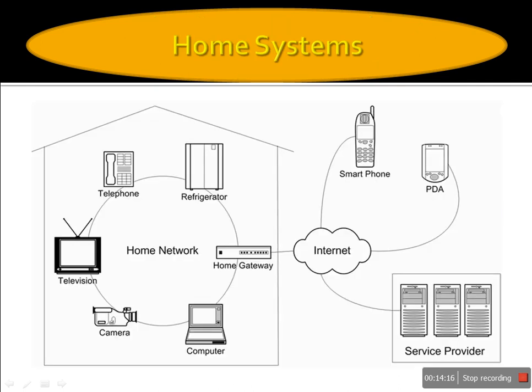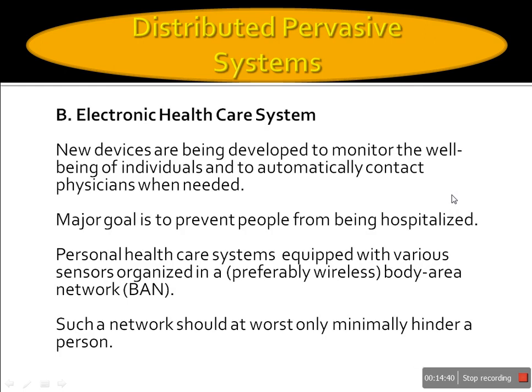Okay, in this diagram we can see this is internet, and refrigerator, telephone, television, camera, computer, these are in the home network, and these all are connected to internet via home gateway. Internet is connected to service provider, and smartphone and PDA are also connected with internet.